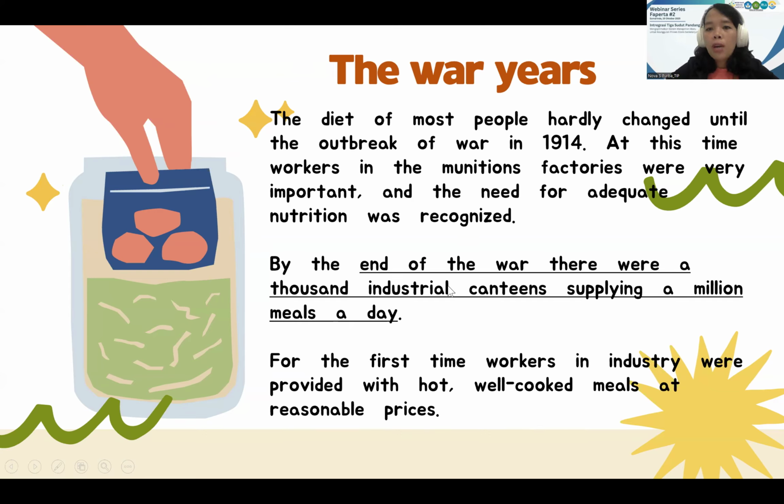By the end of the war, there were 1,000 industrial canteens supplying 1 million meals a day. Now we can think of it like having catering. For the first time, workers in industry were provided with hot, well-cooked meals at reasonable prices. So they started to generate the price or the cost.